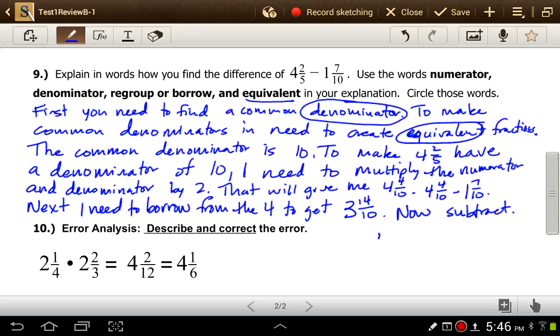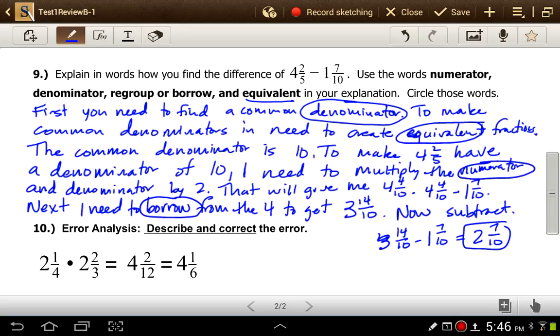Okay, 3 and 14/10 minus 1 and 7/10 equals 2 and 7/10. Circle, I did not circle borrow, and here's my word numerator. So sometimes I use the word more than once, but I don't always have to.